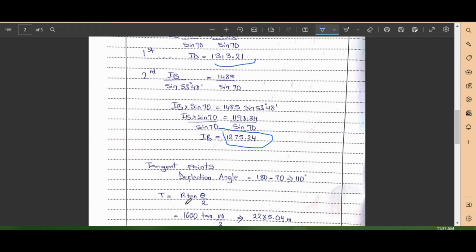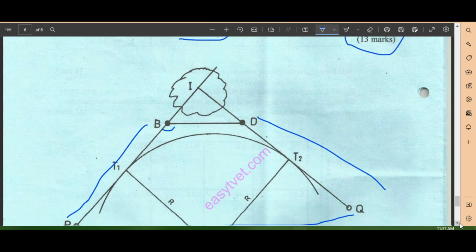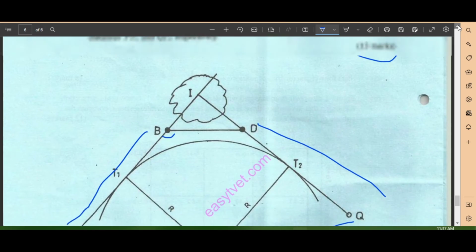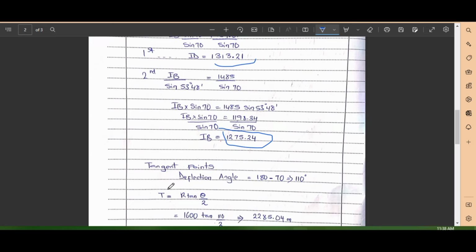So after calculating that, we go ahead and find the tangent length, so the tangent points. In the question, we were needed to calculate, so let's go back, they need us to compute the distance P to T1 and Q to T2.